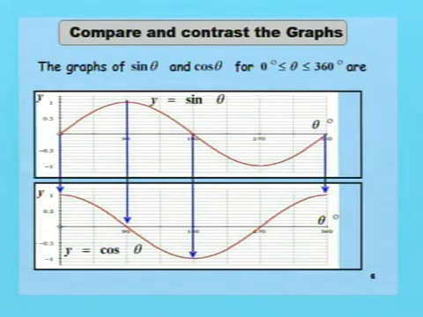Look at what is happening at 360. The sine of 360 is 0, and the cosine of 360 is 1. And you can spot those from the graphical presentation. So, if you see that in your examination paper, you are quickly able to determine which is the correct answer.